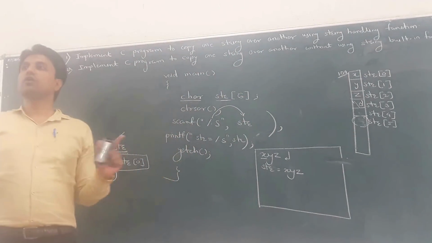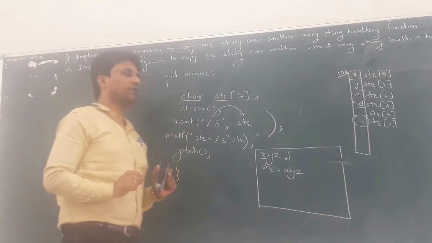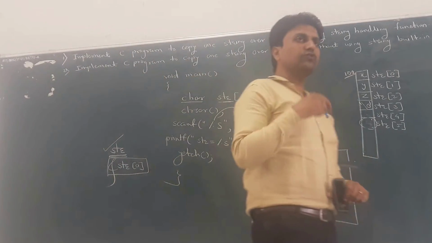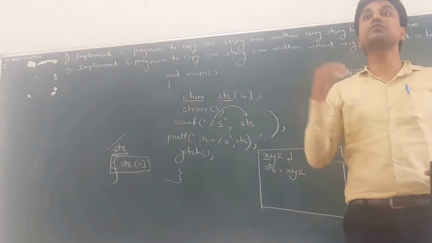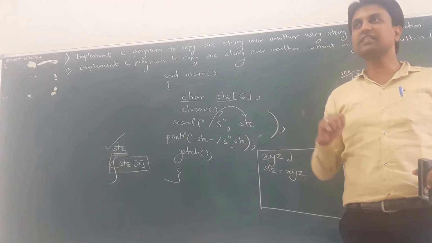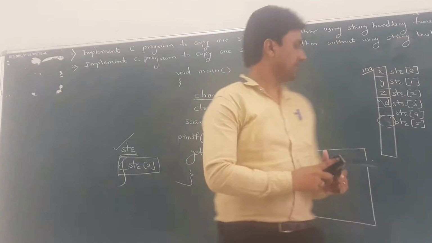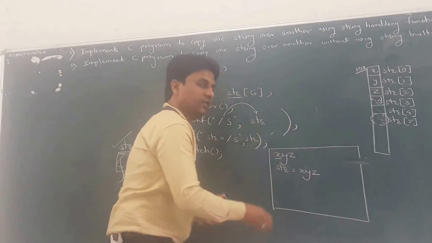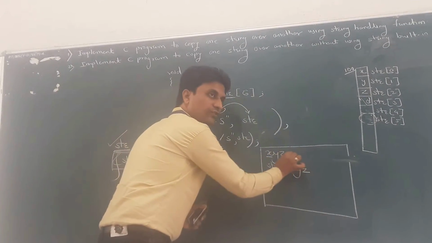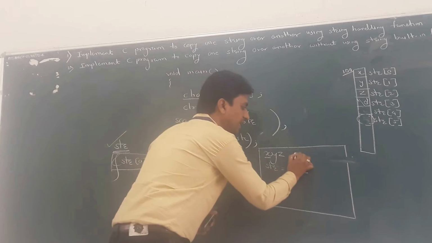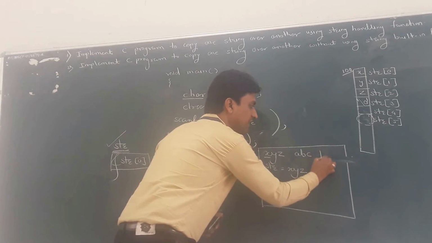Understood? Okay, next most important part, that is when you scan the string with spaces. Suppose you write xyz, then give a space and again write abc and press enter.